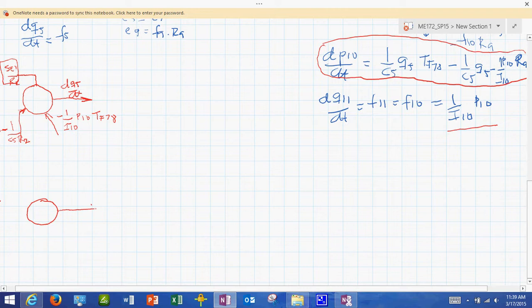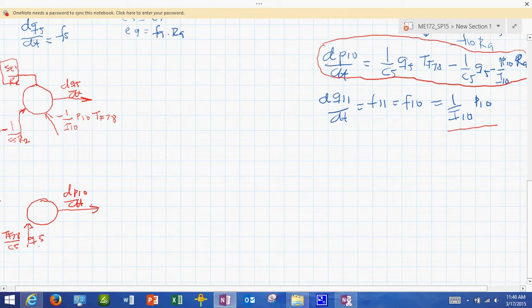This one is your dp10 dt. And it has this term in here that says TF78 divided by C sub 5 times Q sub 5, right?